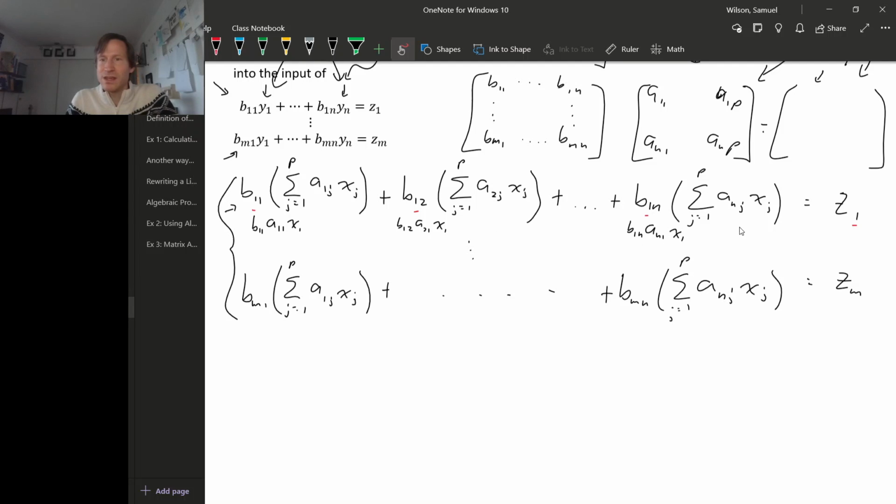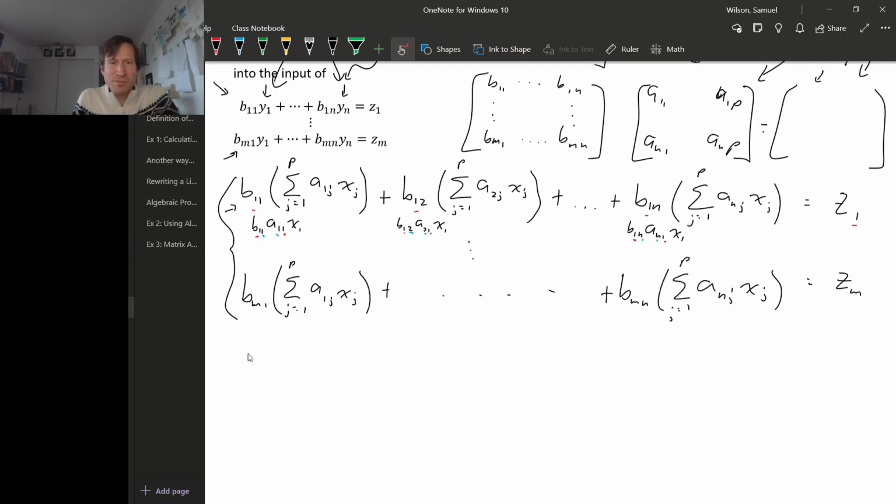So these are all of the x1 terms in this first row. If you look at all of them, all of these terms have x1 times an a times a b, but it's b1 something and a something 1, right? So this first one and this last one are the same. The only thing that changes from term to term is these middle numbers, but these middle numbers always match, and they're going from 1 up to n.